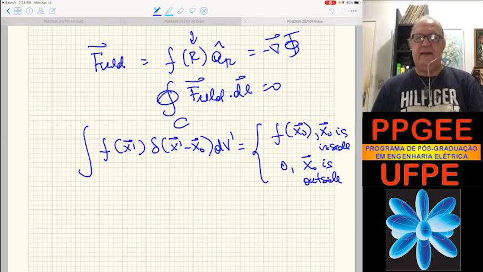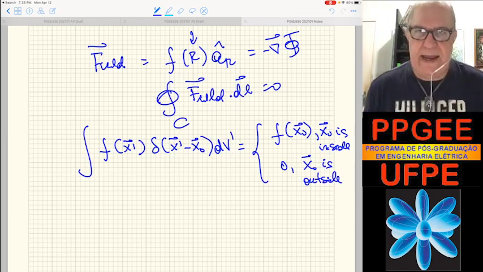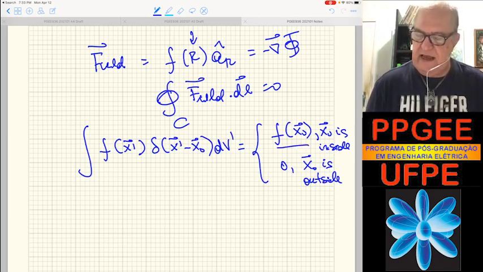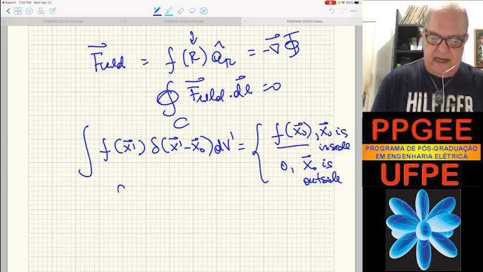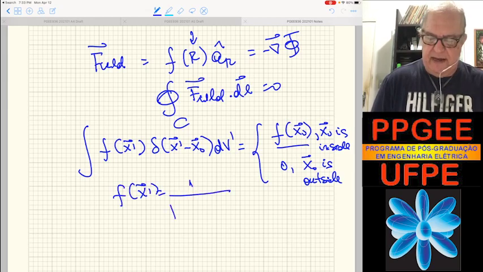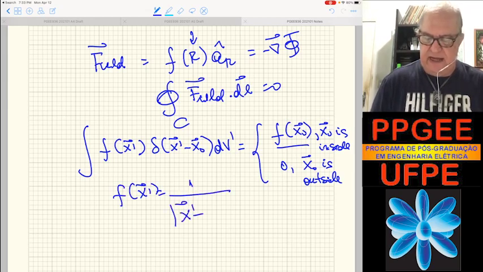But our integral is over the whole space, so it's always f of x0.